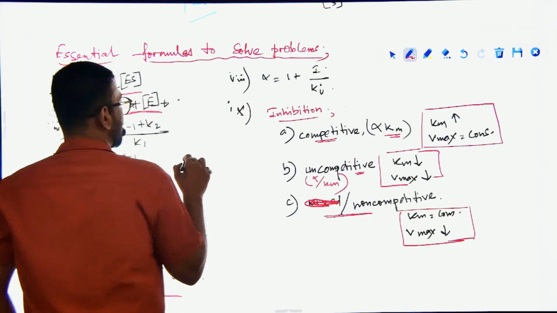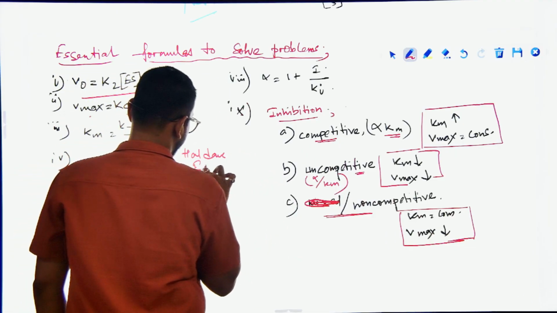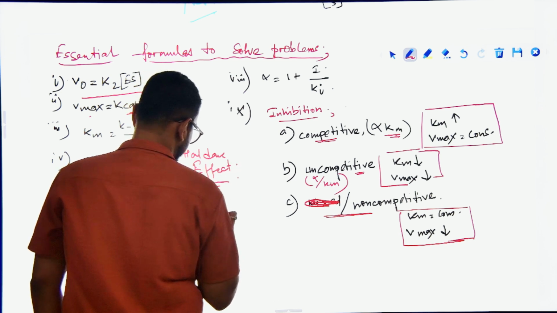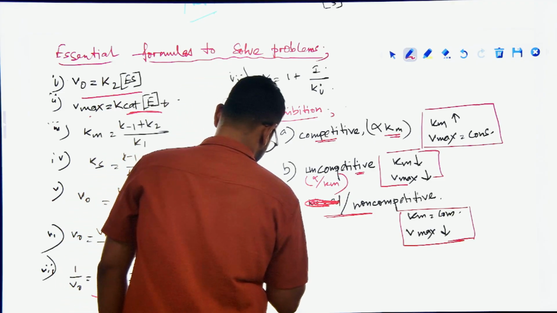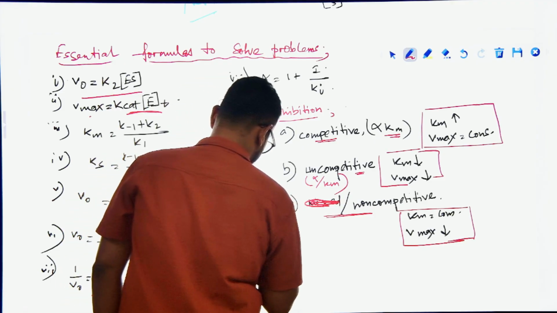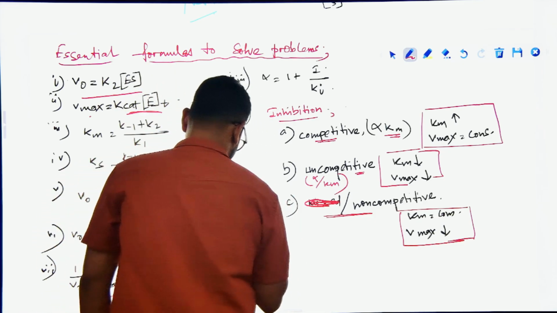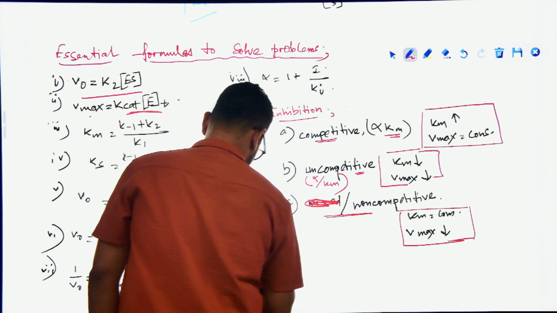Another thing is the Haldane effect, pretty important, where E plus S forms ES, and this is also reversible, forming E plus P. So K1, K minus 1, K2, K minus 2. Both the aspects are taken under consideration.